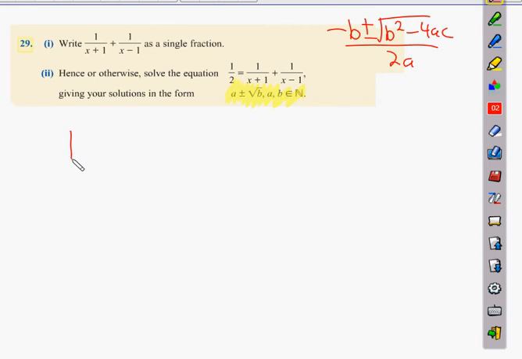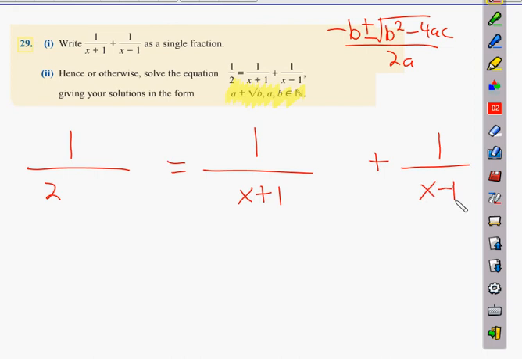Okay, so here's what we're going to do. We're going to start from scratch the way we did it in class. We have x plus 1 here, and then 1 over x minus 1. We're going to start it off like we did in class, and what we're going to get is the number 2. What numbers on the bottom does the 2 not have?